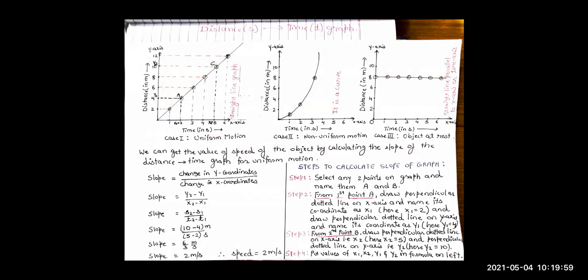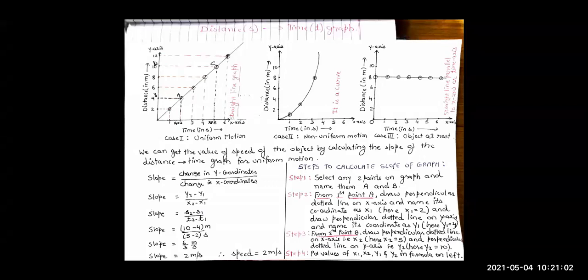For example, if you are having a bridge, that bridge also has a slope. So let's see how to find the slope. Children, the slope formula is change in y coordinate upon change in x coordinate, right? To calculate the slope, the first step is to select 2 points on the graph.